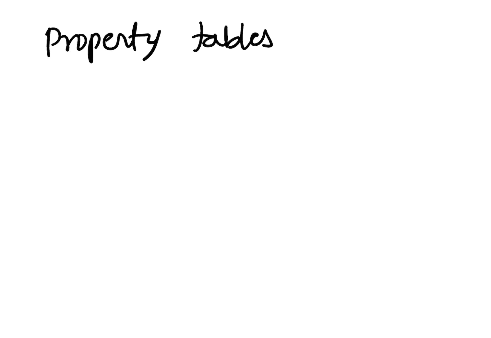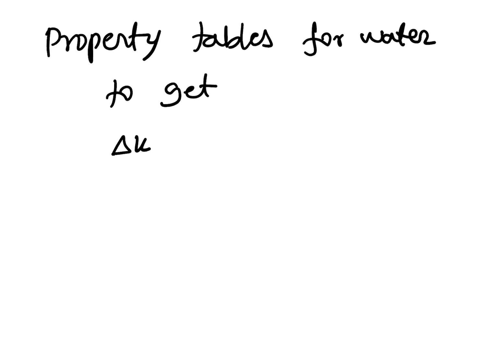So we just saw how to use property tables for water, or in general any substance, to get delta U and delta H. You already know how to use them to get delta nu, using pressure and temperature.